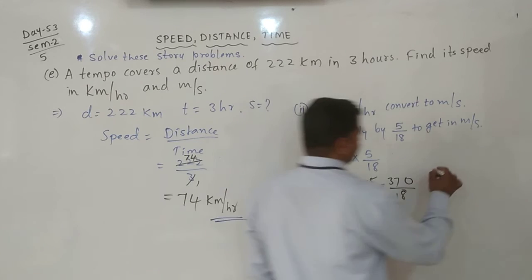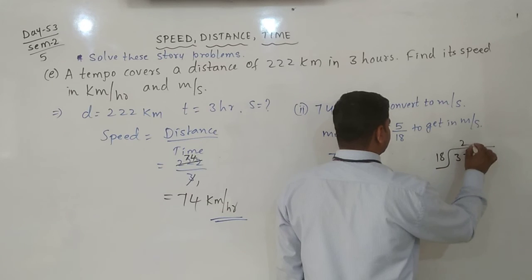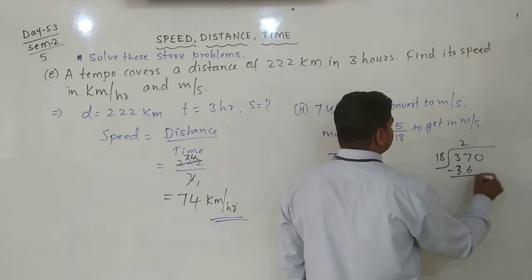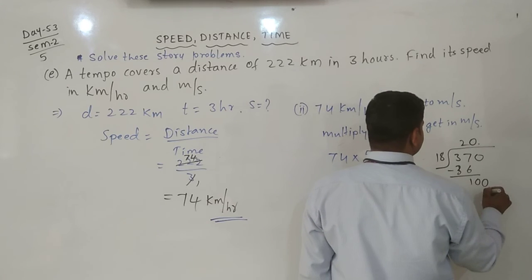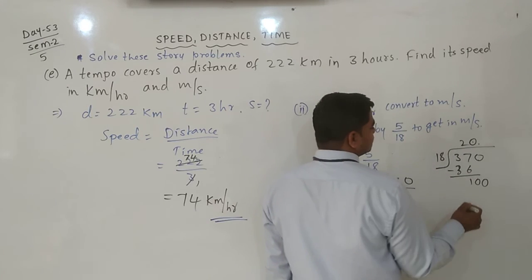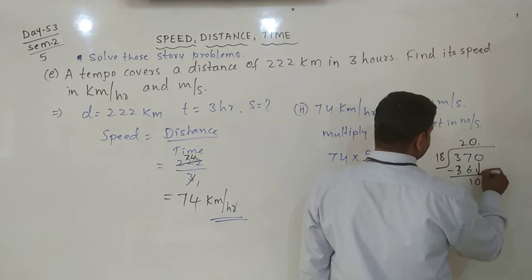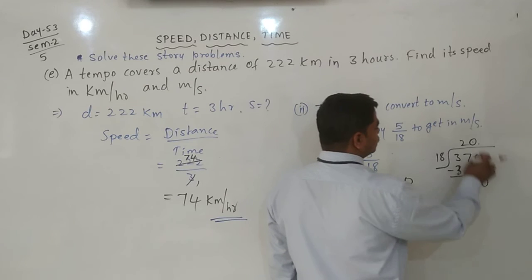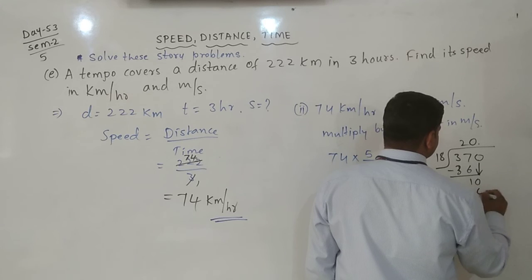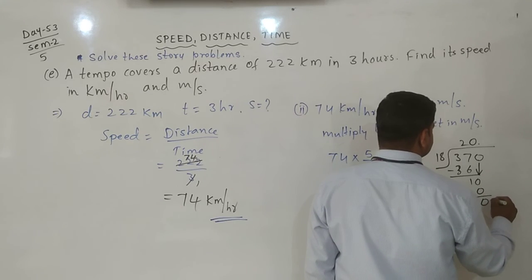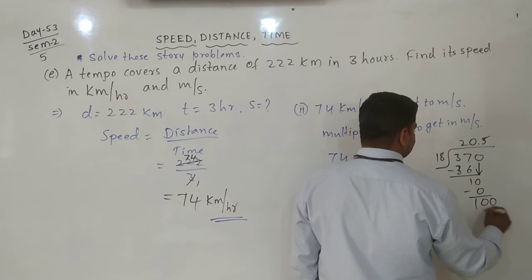Divide this 370 by 18. 18 2s are 36. 1 remains. Again zeros. Take a 0, bring this 0 down. It's not possible, so take another 0. Now 18 5s are 90.